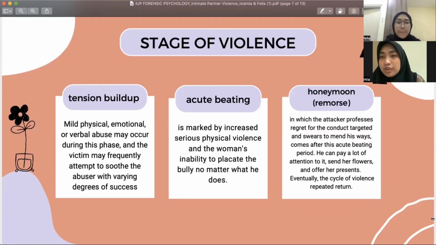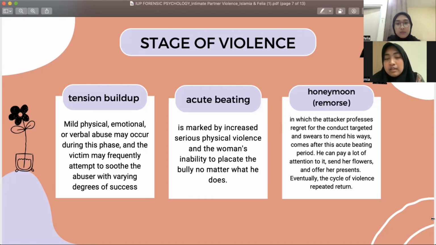In this slide, we're going to talk more about the cycle or stages of violence. The first phase, tension build up. Mild physical, emotional, or verbal abuse may occur during this phase, and the victim may frequently attempt to soothe the abuser with varying degrees of success.